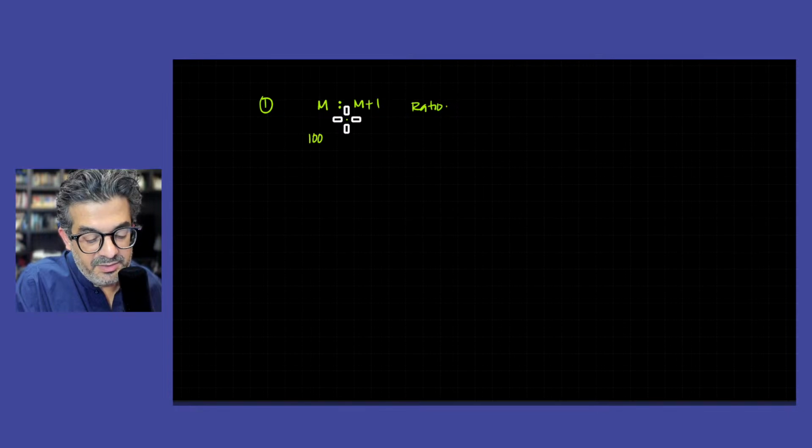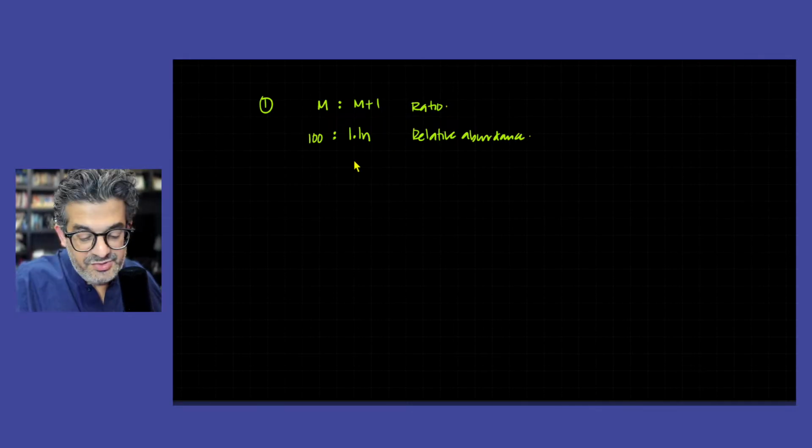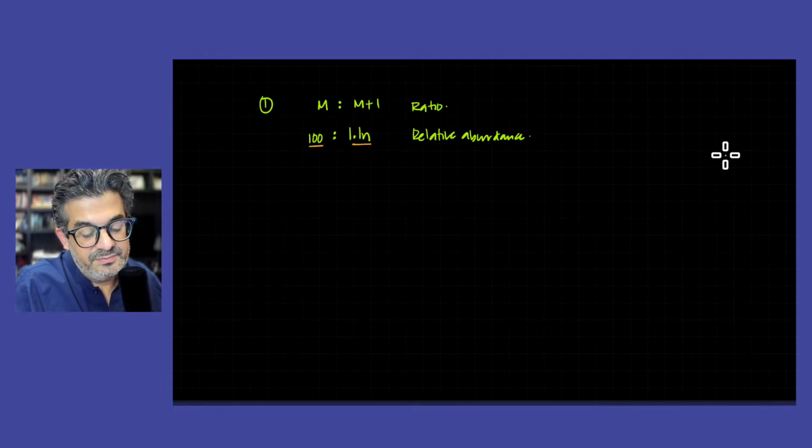One thing you should remember is that the M and M+1 ratio helps us find the number of carbon atoms using a formula where the ratio of relative abundances is 100 to 1.1n. Nobody's asking you how this is derived. It's just that this is the ratio.